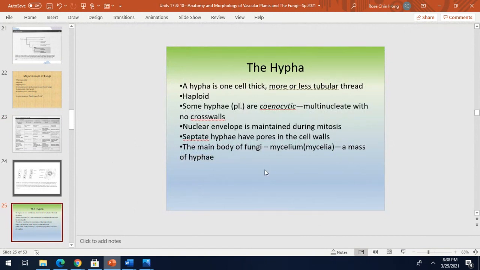So the main body of the fungi is called a mycelium. Mycelia is the plural, and this is a mass of a lot of hyphae. So one hypha, and many more hyphae, will make the mycelium, and many mycelia. All right, so let us go on to the next slide.